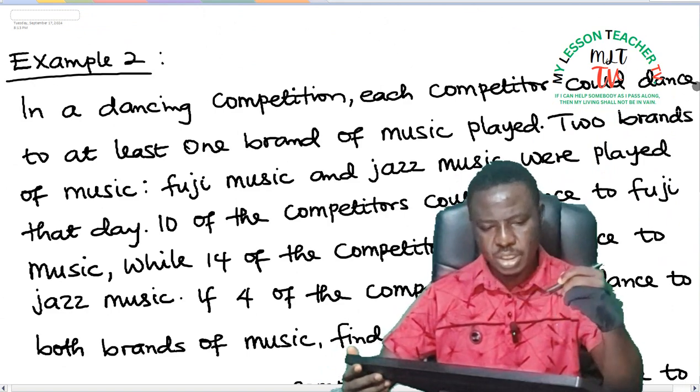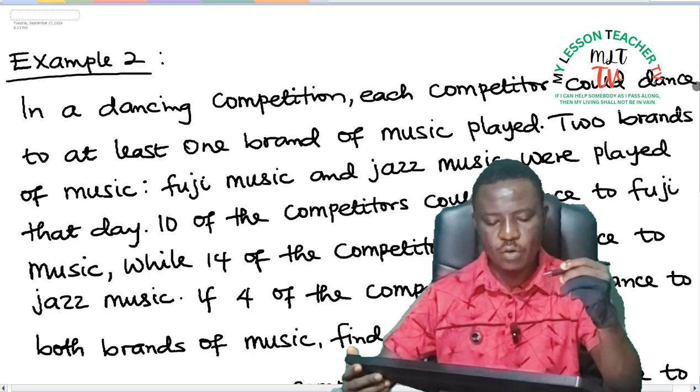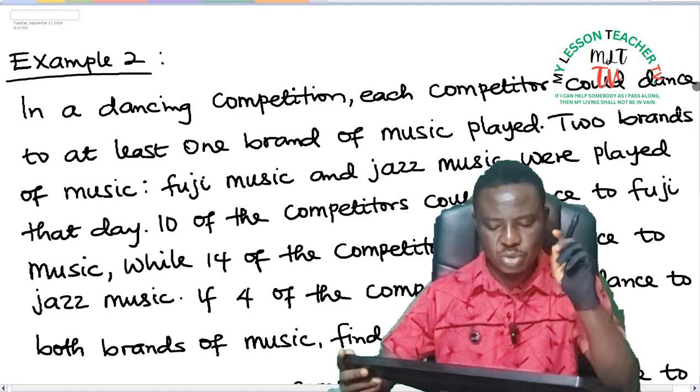In a dancing competition, each competitor could dance to at least one brand of music played. Two brands of music were played, Fuji music and jazz music.